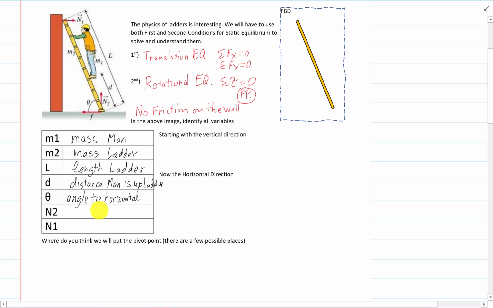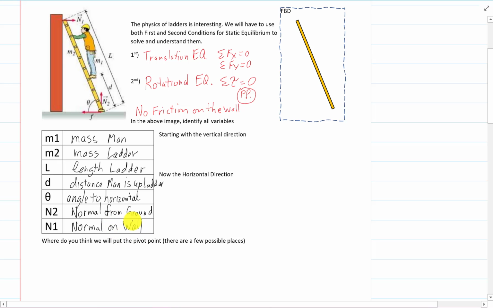N2 is the normal from the ground, and there is a normal on the wall. And we're missing one.